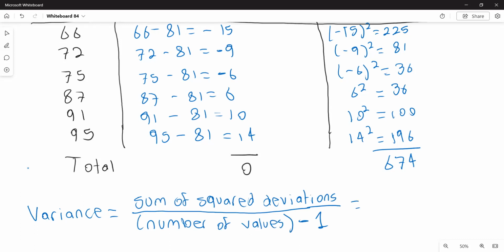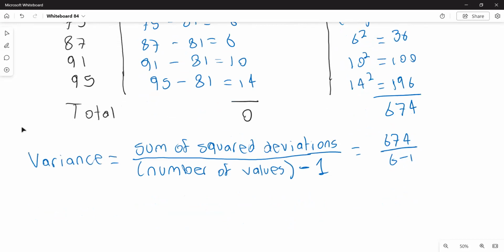The sum of square deviations is 674. We started with 6 data values. And this is 674 over 5, or 134.8. And the standard deviation is the square root of the variance.